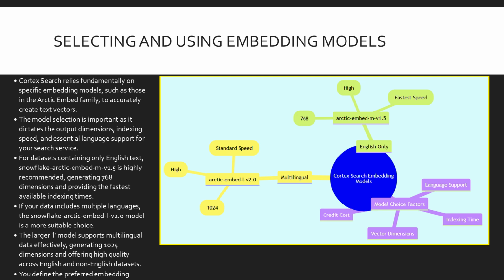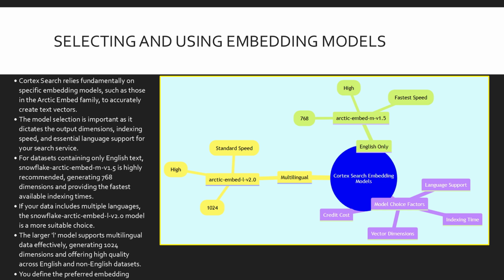For instances where your organizational datasets are strictly limited to text containing only the English language, the highly efficient Snowflake Arctic Embed MV1.5 is recommended as the superior choice, as it is engineered to generate a manageable 768 dimensions while concurrently achieving the fastest available indexing times across the entire model catalog.